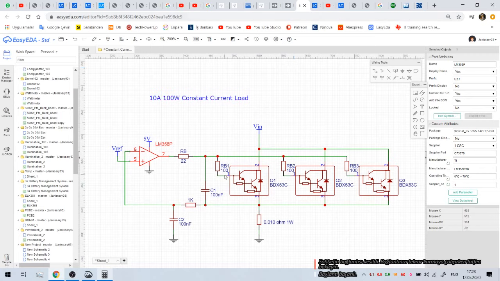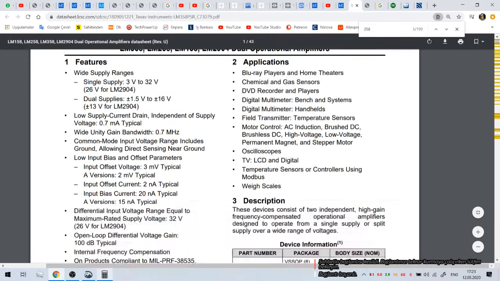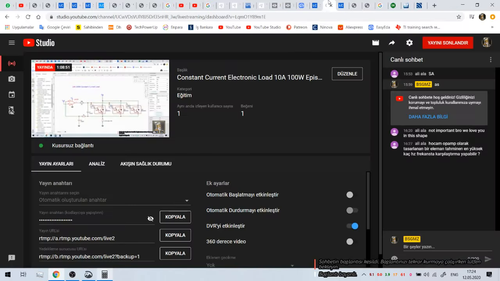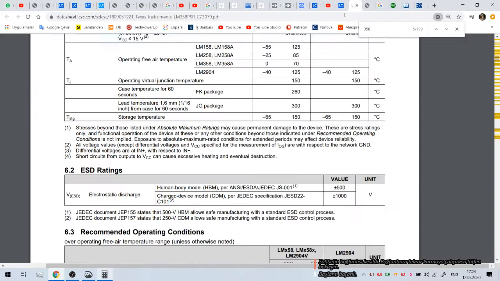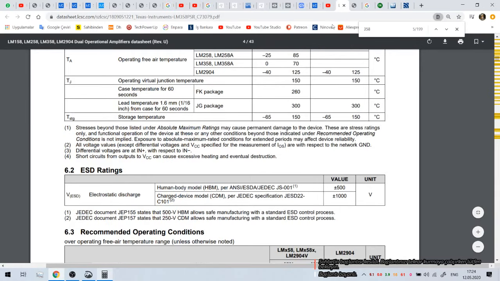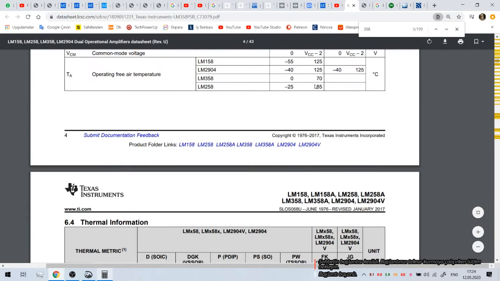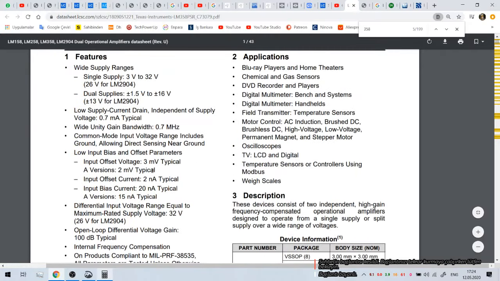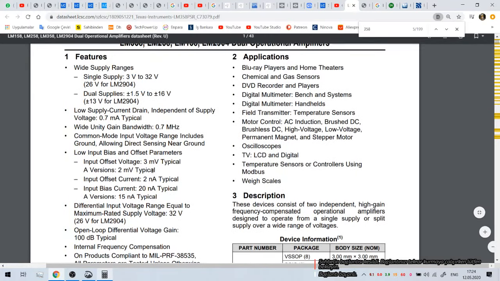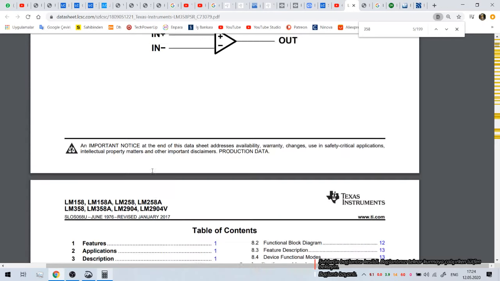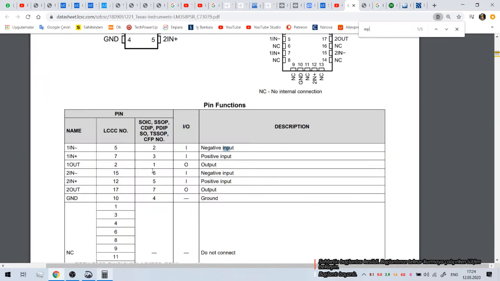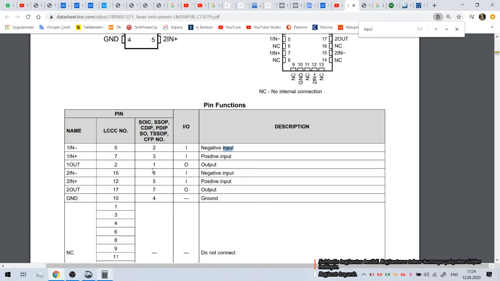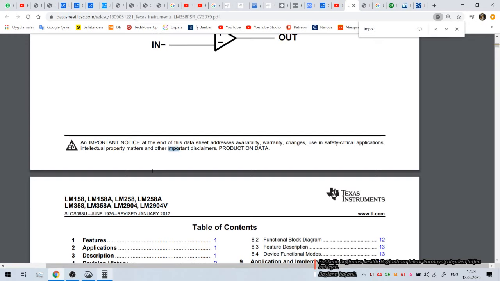Okay, LM358 input impedance. I want to take a look for it. Where is the input impedance? Resistance, impedance.